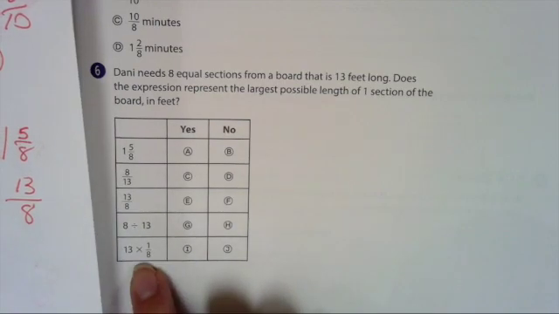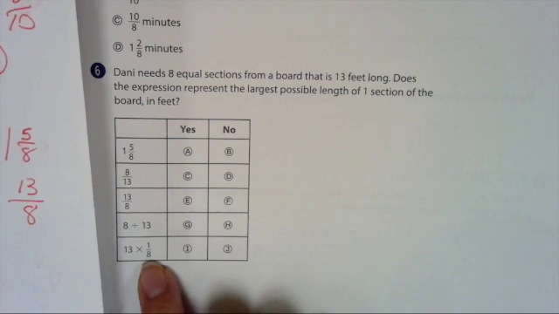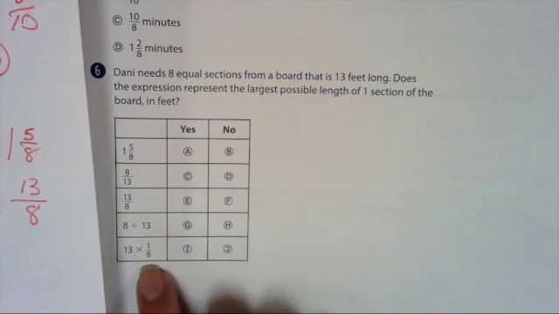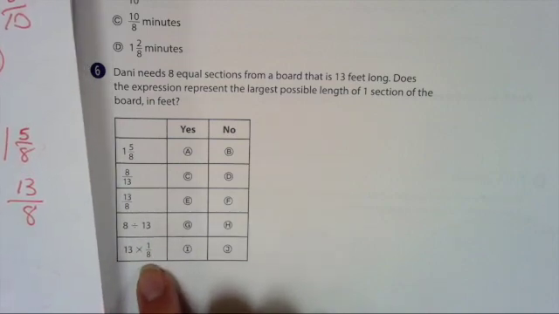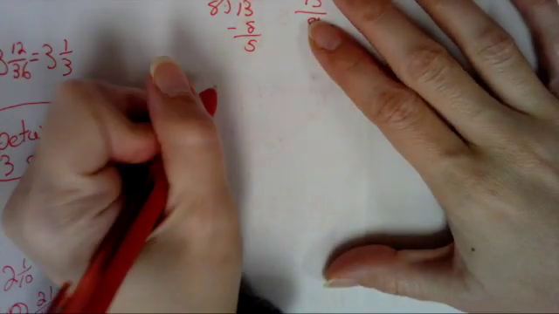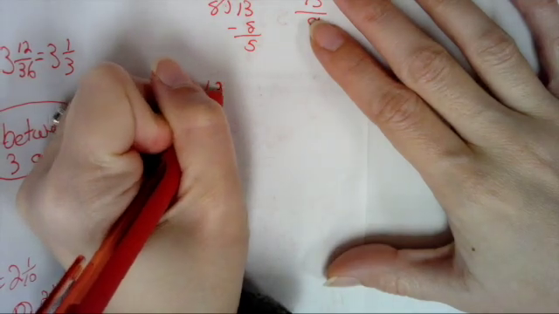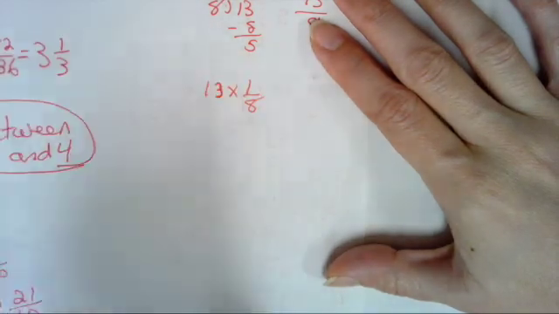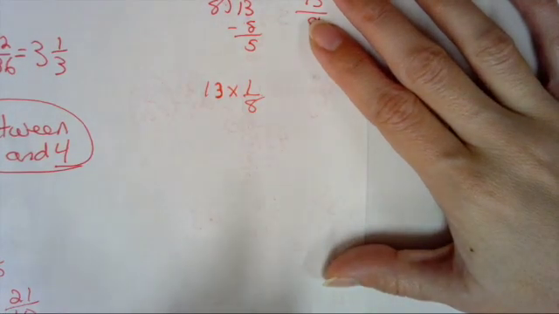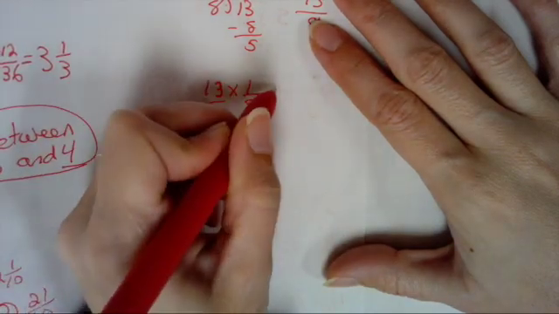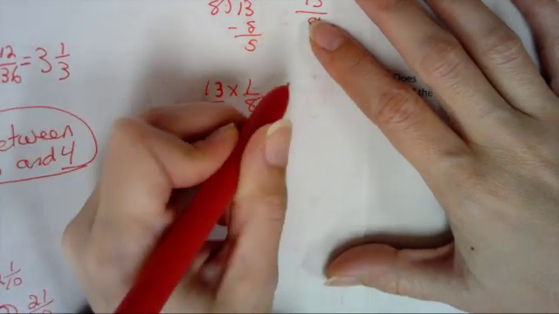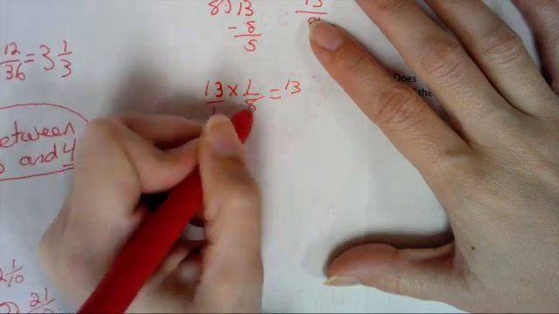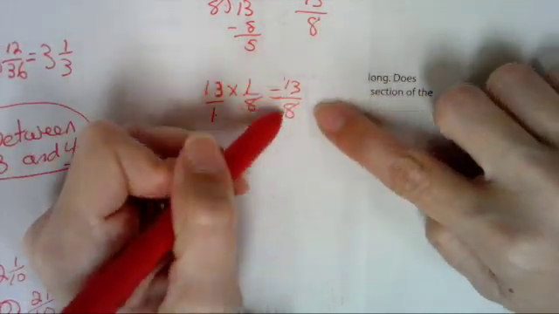Now, this last one is probably the most trickiest, and there will be a question like this on your test. 13 times 1/8. Well, let's look at that on paper for a second. Remember, when you want to multiply, you put a 1 under it. So if we multiply straight across, 13 times 1 is 13. 1 times 8 is 8. 13/8.